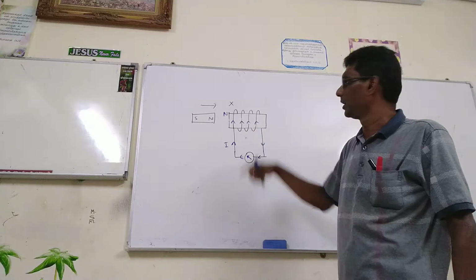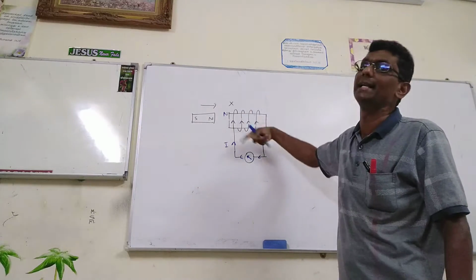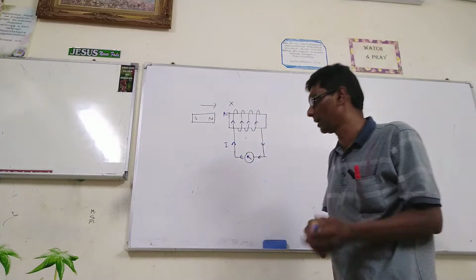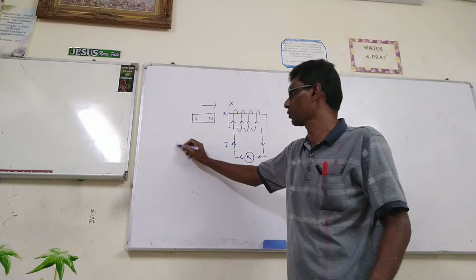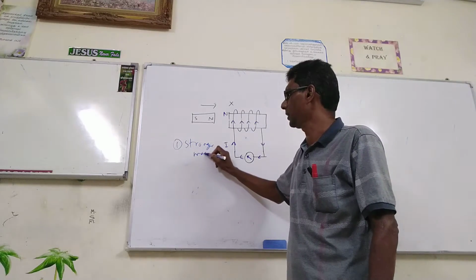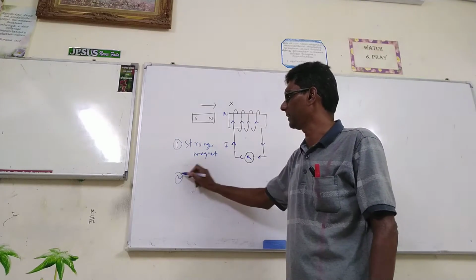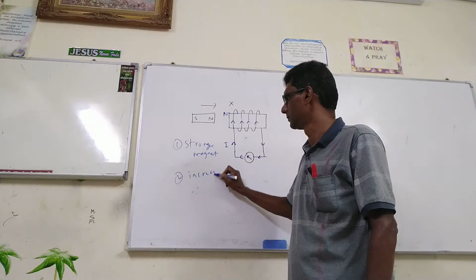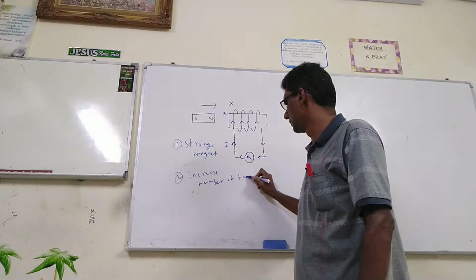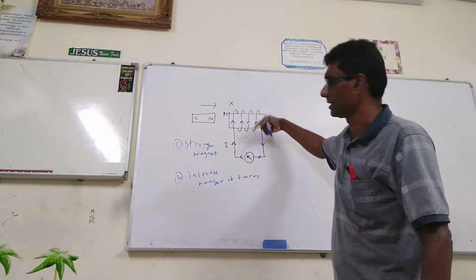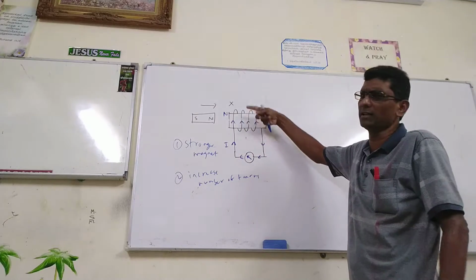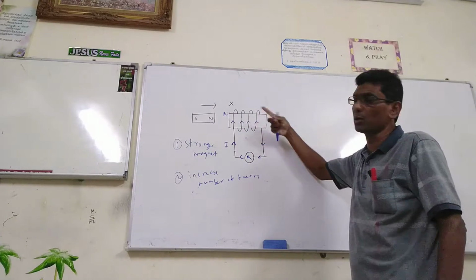Another method is to increase the number of turns of the coil. If, for example, there are 5 turns, you might put 10 turns, or 30 turns. So you increase the number of turns.